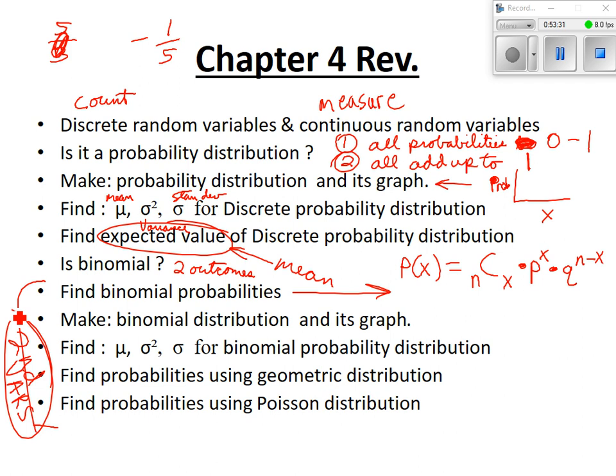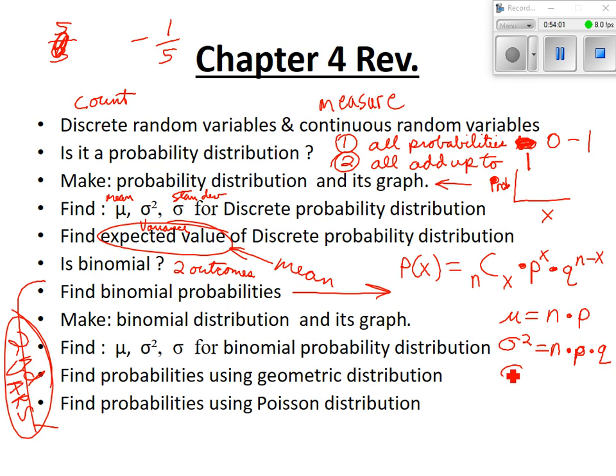For a binomial, we just said this a minute ago, the mean is just n times p. So we don't have to go through all that big chart and everything else. For a binomial, mu is n times p. Variance is n times p times q.